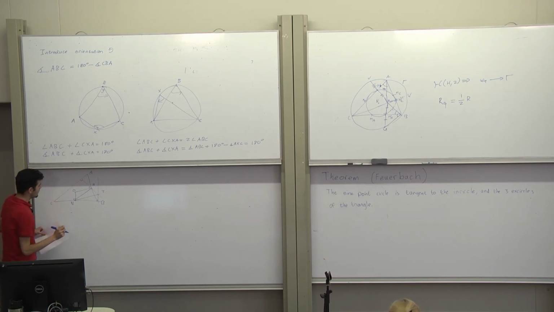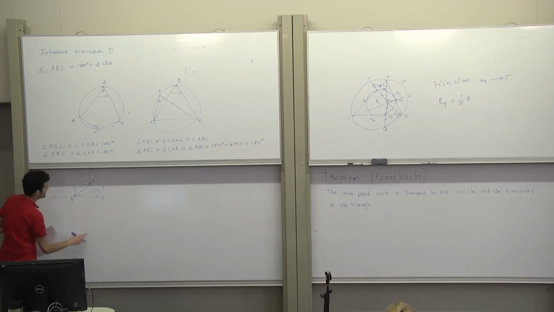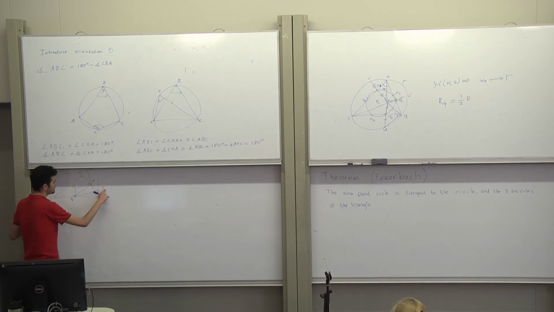And if we chase some really minor angle, we're going to get that T also lies on this cyclic quad by looking at T, B, C, and then this point we're going to call it something like K. So T, B, C, K, we have CKT plus TBC.